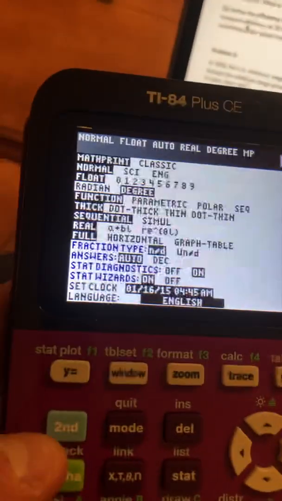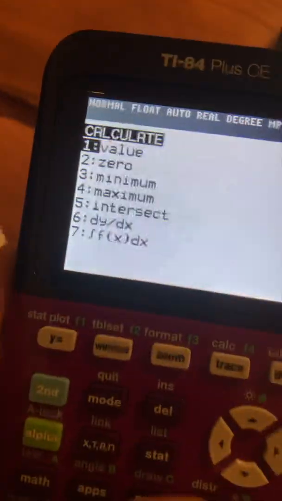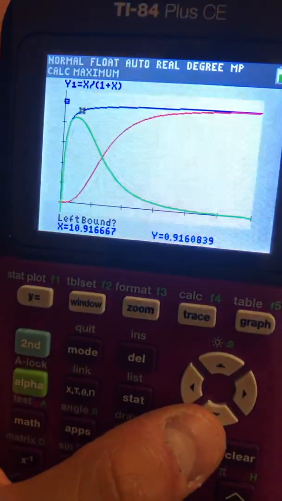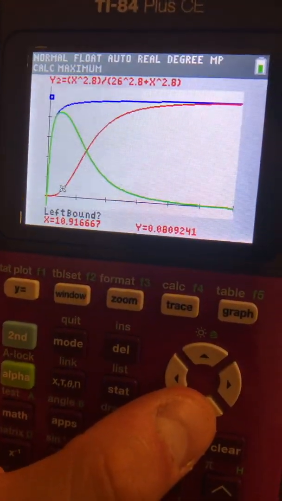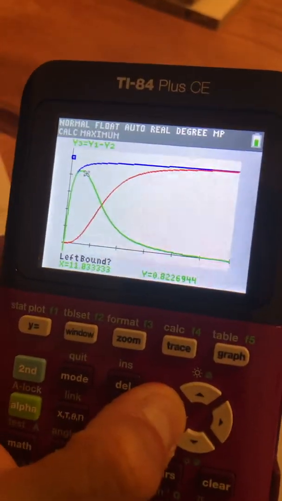What you also need to do is make sure that you are finding the maximum for the right line. So we want the maximum for our green line. So now that we're on the green line, we can go to the right and left. Sorry, this is a little bit lengthy, but I think this is going to be a good video.